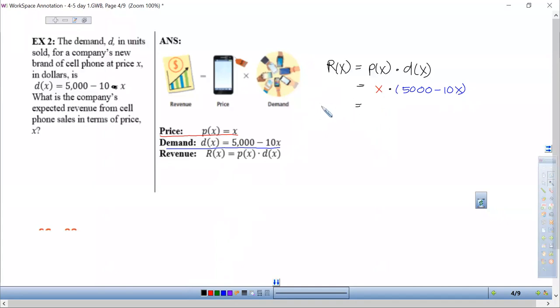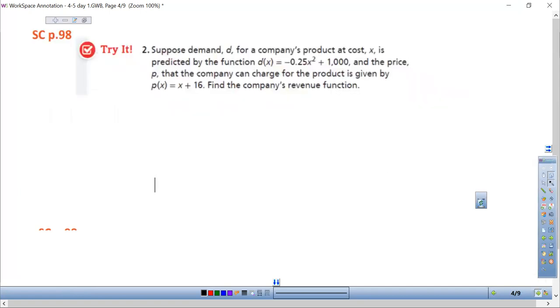So the revenue is going to be equal to 5,000x minus 10x squared. Okay, so the function to find the revenue for the company is 5,000 times x minus 10x squared. Okay, so there is a practice problem on student companion page 98, number 2, if we want to do that one as well.